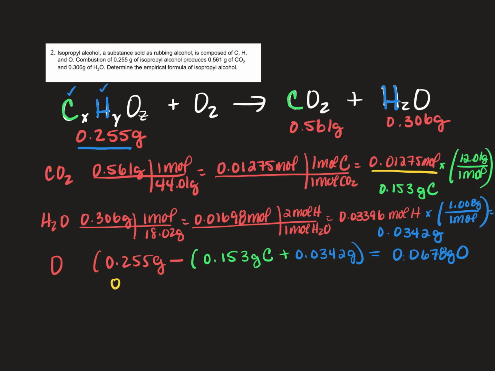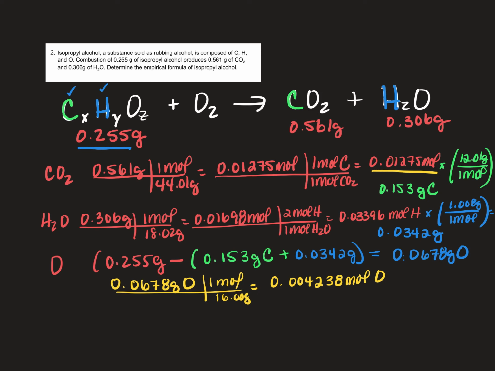So I'm going to take 0.0678 grams of oxygen. Now in 1 mole, there's 16 grams. So I have 0.004238 moles of oxygen.